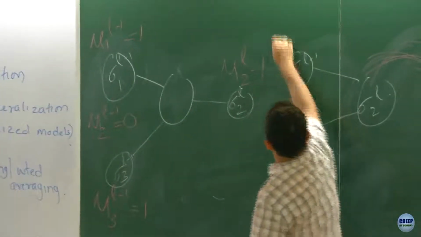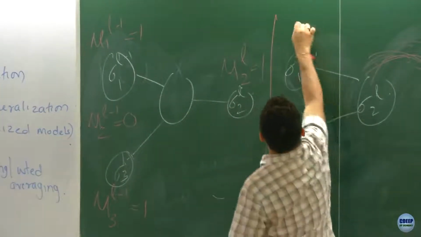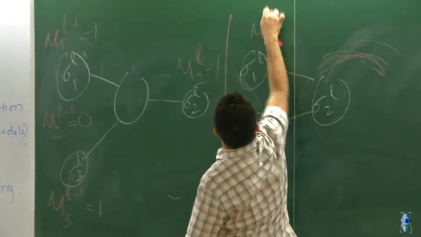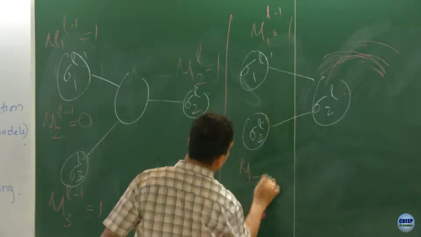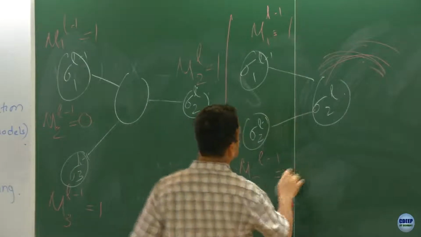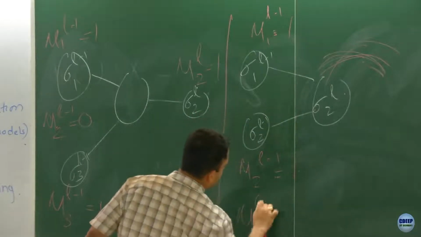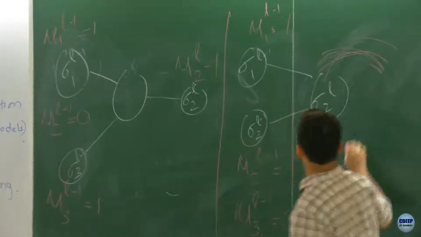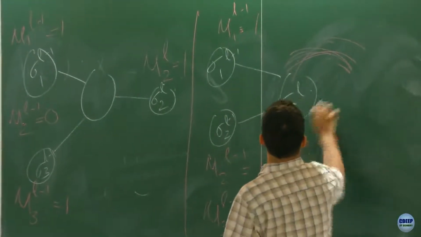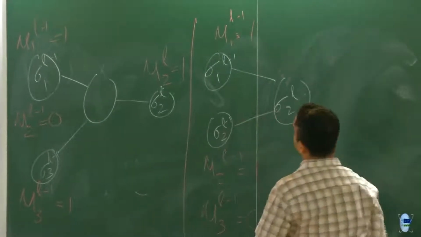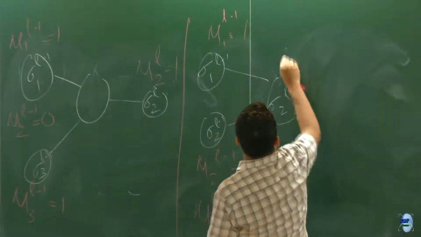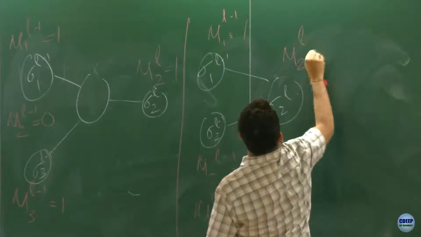Whereas in the second case, mu 1 in layer L minus 1 was sampled to be 1, mu 2 was sampled to be 1, and mu 3 was sampled to be 0. Like before, mu 2 in layer L was sampled to be 1.